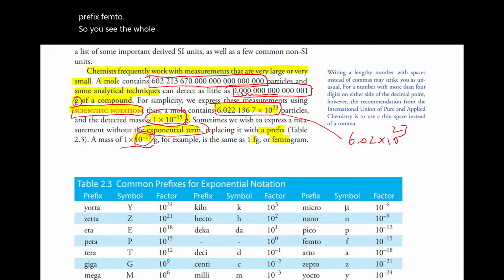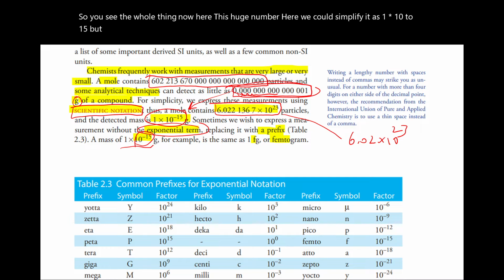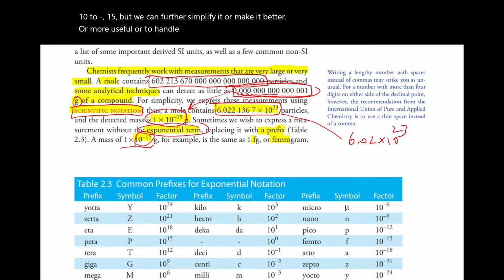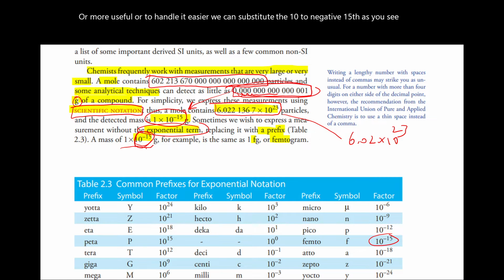Now, this huge number here, we could simplify it as 1 times 10 to negative 15, but we can further simplify it, make it better or more useful, or easier to handle. We can substitute this 10 to the negative 15th, as you see here, with femto. Femto, the symbol is f, so it is 1 fg.